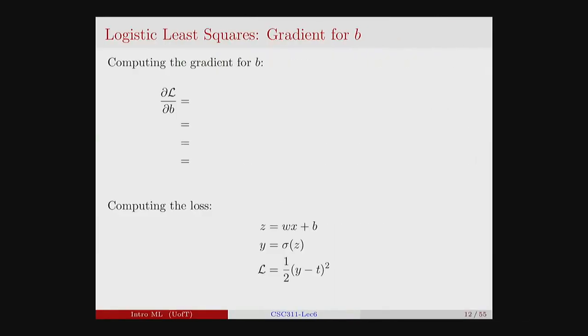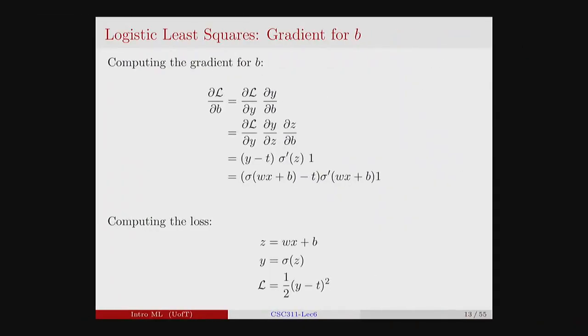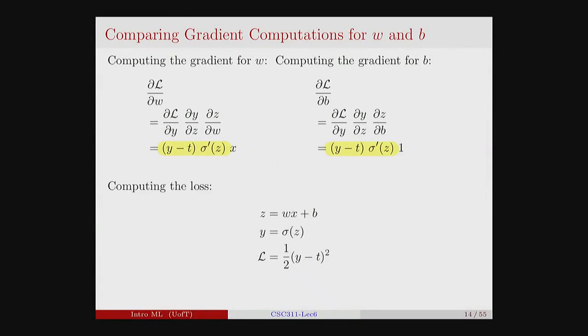When we do it with respect to b, we need 3 quantities again: dl by dy, dy by dz, and dz by db. So if we put these two side by side, there's only 2 things that change when calculating the derivative with respect to the inputs.